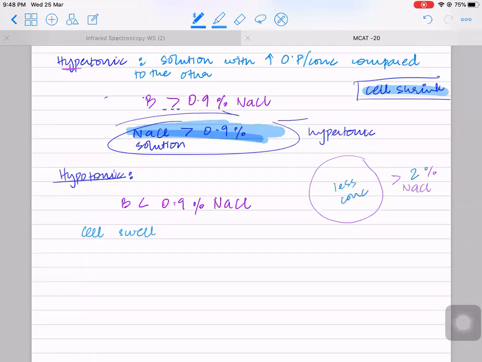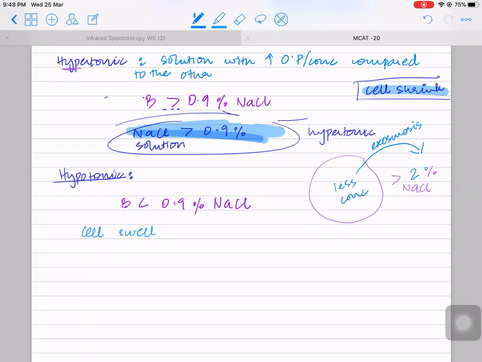So the movement will be outside the cell. It will undergo exosmosis. It's going to move out, and because of exosmosis, the cell will shrink.